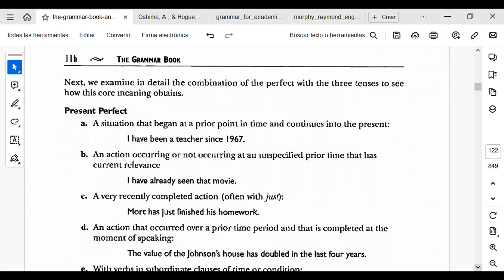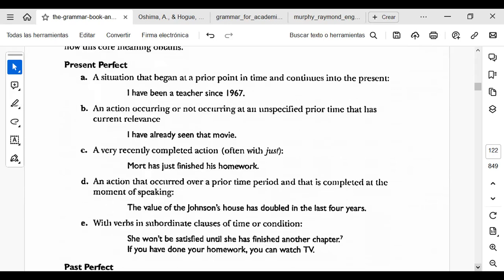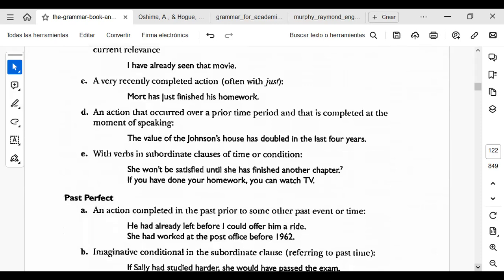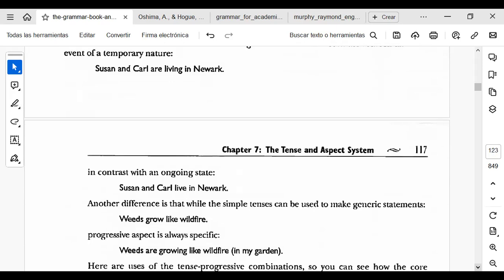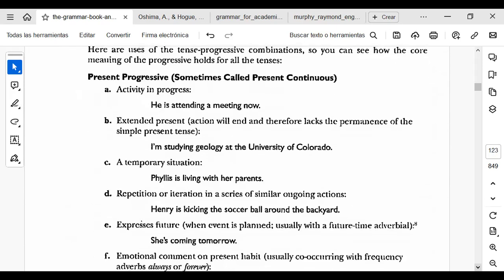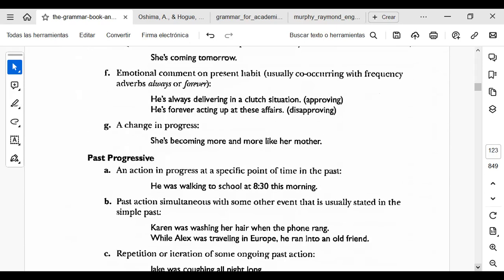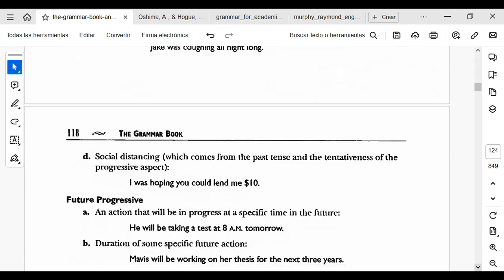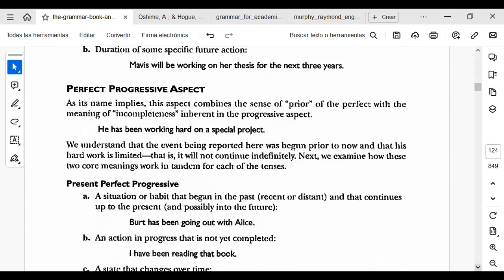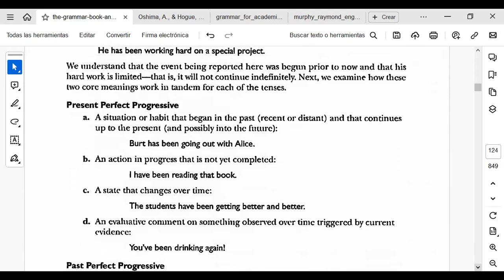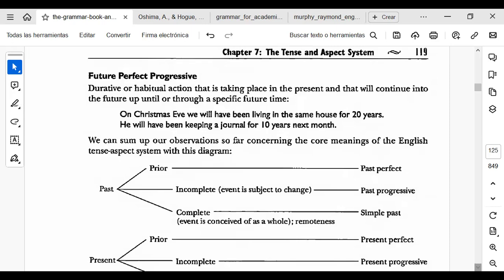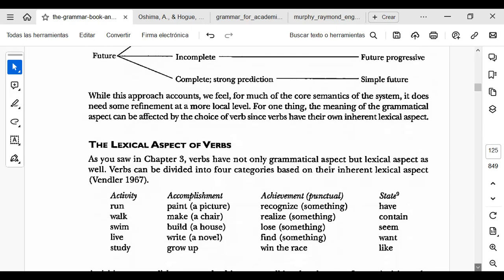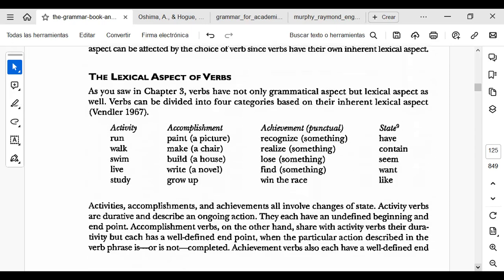Okay, so we're going to continue analyzing this book. We talk about past perfect, future, then we are going to talk about progressive, and the explanation is very clear here. Past progressive, future progressive, present progressive aspect, present perfect progressive, past perfect progressive, future perfect progressive, and also some lexical aspects of the verbs.